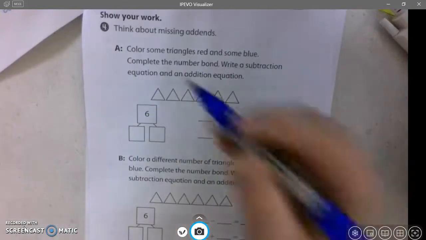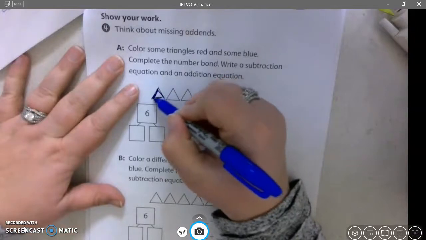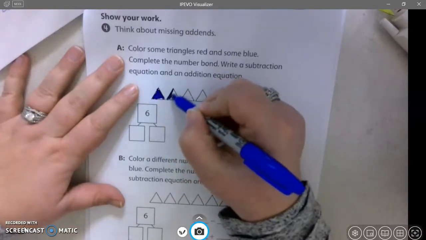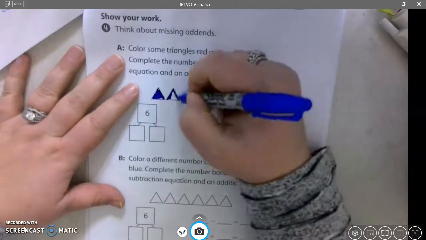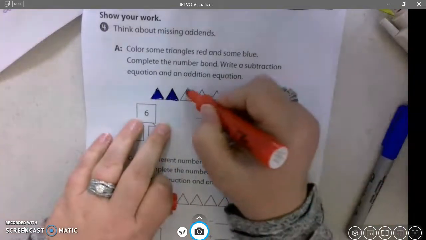There's 6 triangles. And when it says color in some of the triangles, you get to pick your number. Some people don't like these ones because picking our number is hard. Sometimes I have hard times picking numbers too. Color some blue. You can do 2 like me, or you can do more or less. Color the rest red.